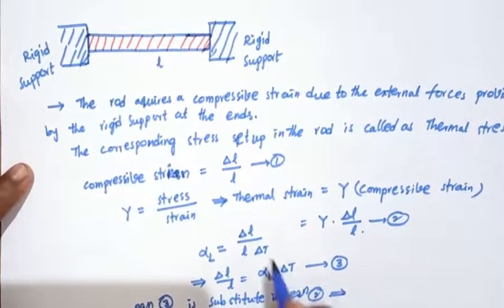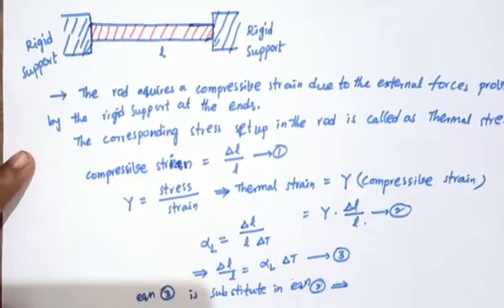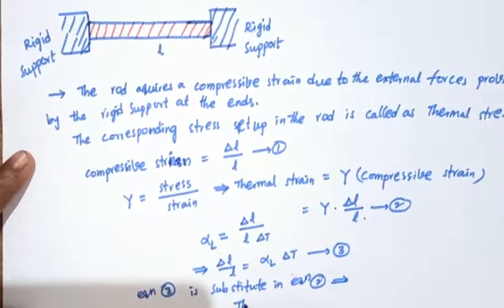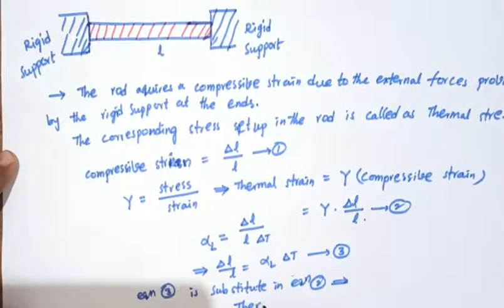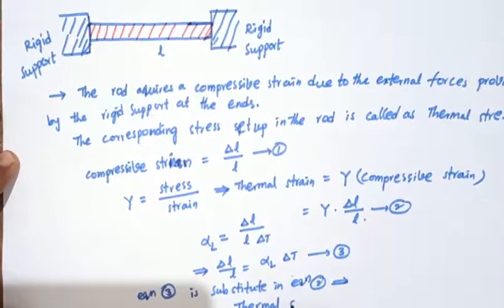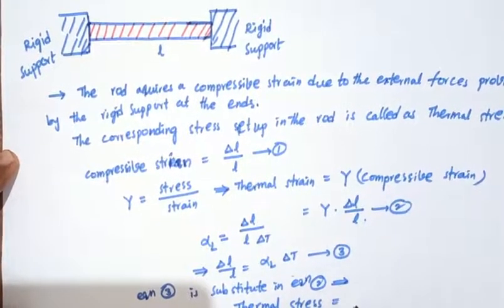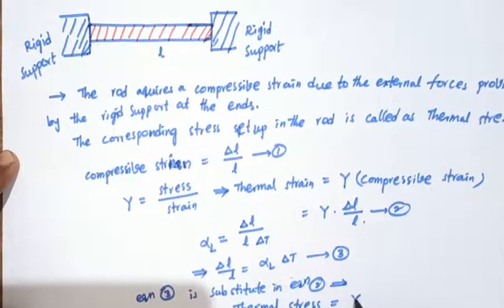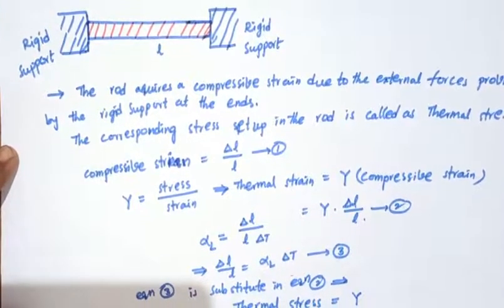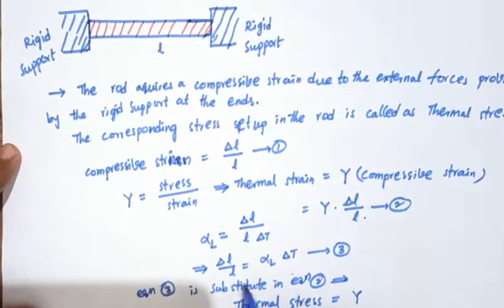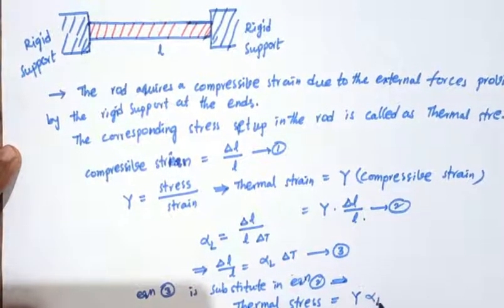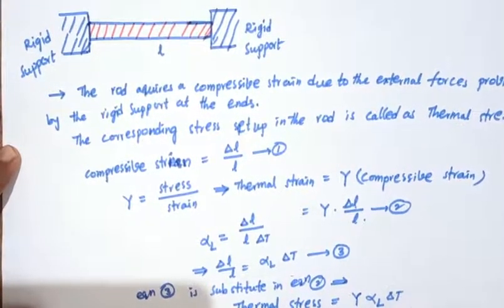Then we can write thermal stress equals Young modulus Y into alpha L into delta T. So this is the thermal stress.